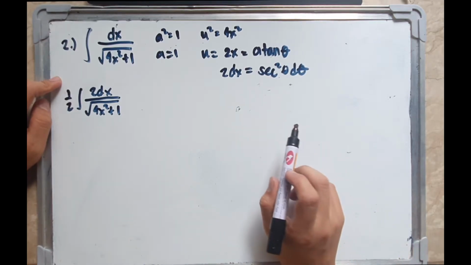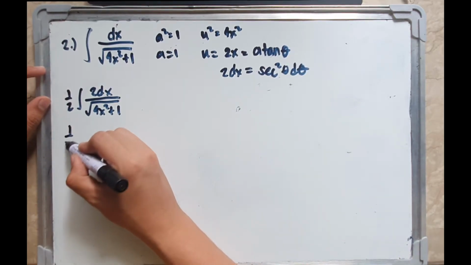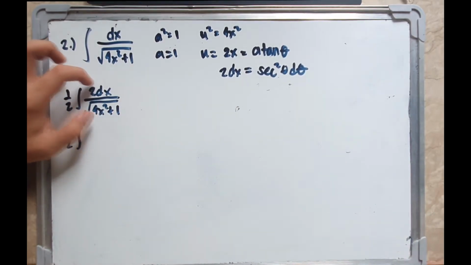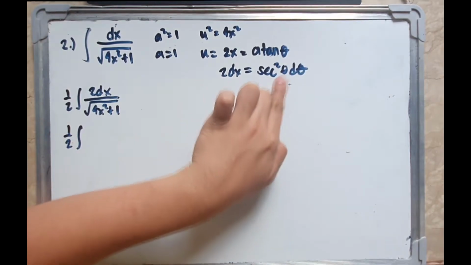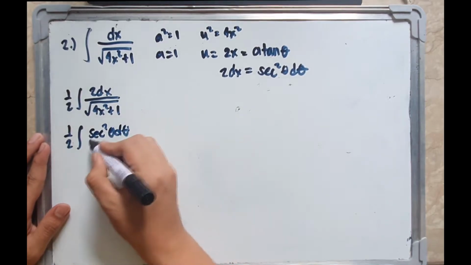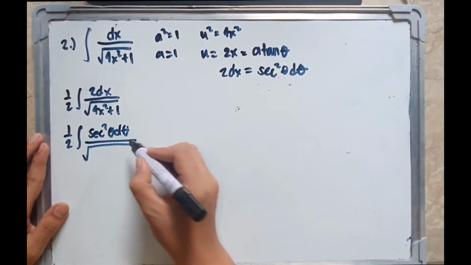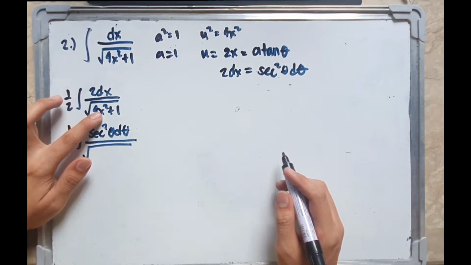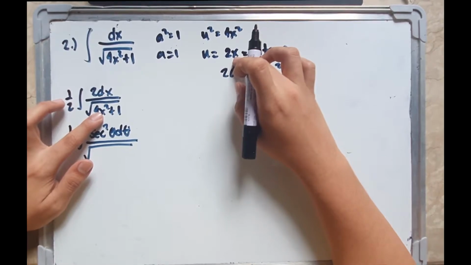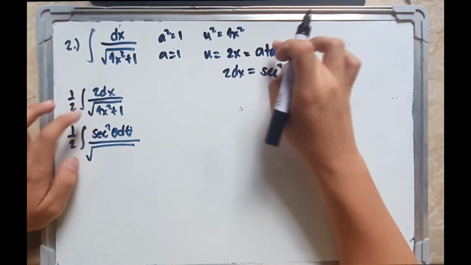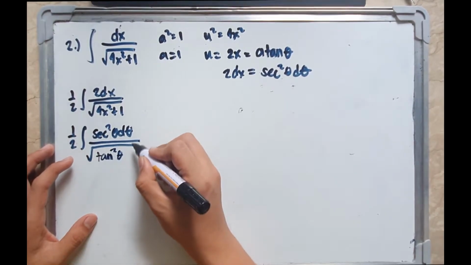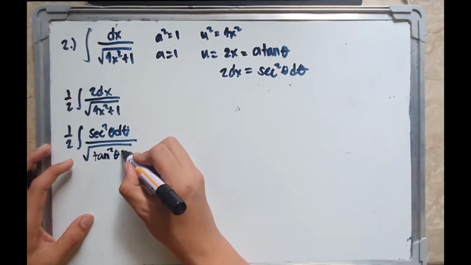Let's convert this in terms of trigonometric functions. 2 dx is equivalent to secant squared theta d theta, all over the square root of, what is 4x squared? If we square 2x, that is 4x squared, so we square our tangent: tangent squared theta, and we still have plus 1.